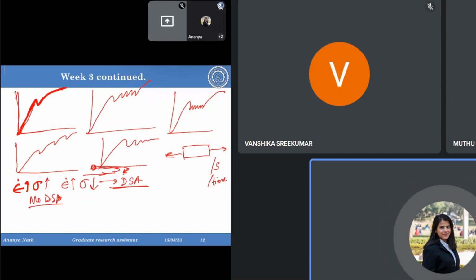So we are applying the strain rate, which means we are pulling the material and increasing this pull force with time. So obviously the temperature will increase inside the material, and due to that the stress decreases, because what is stress?